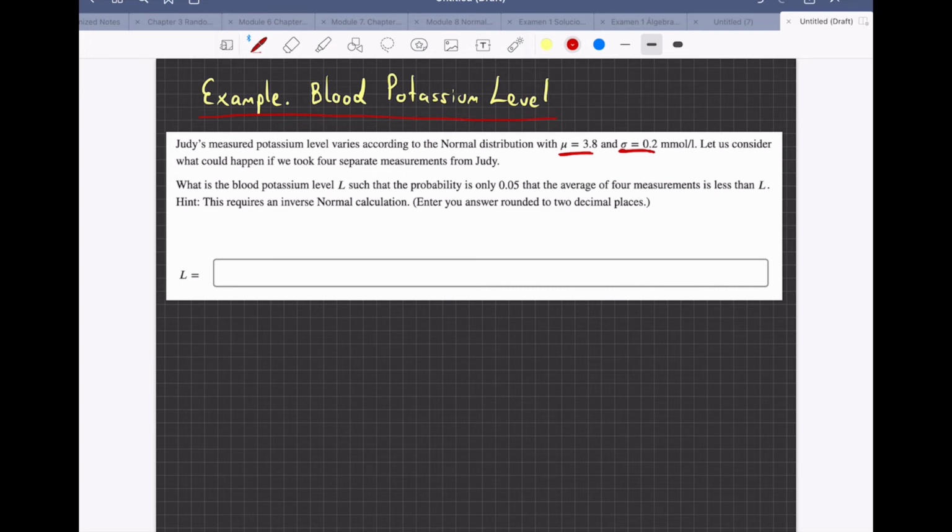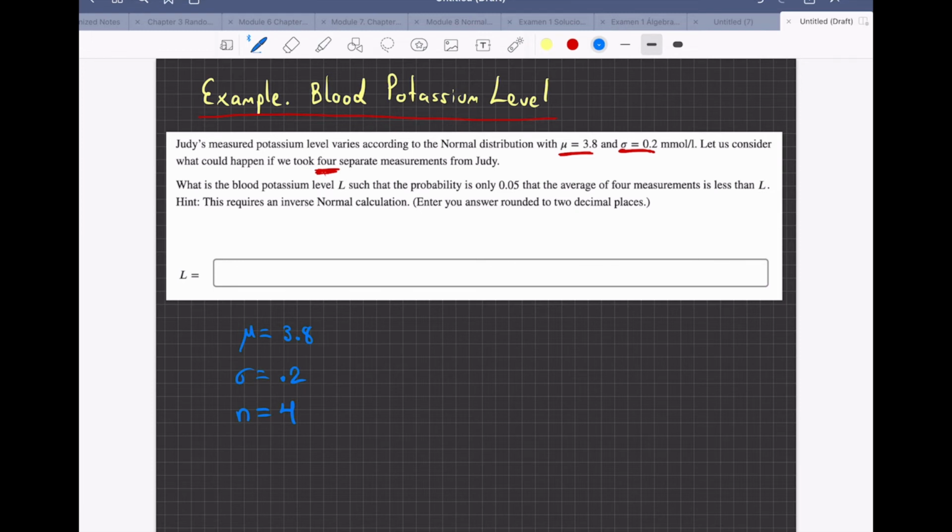So here, notice, mu is equal to 3.8, sigma is equal to 0.2, and we're going to take a sample with size equal to 4. 4 separate measurements.